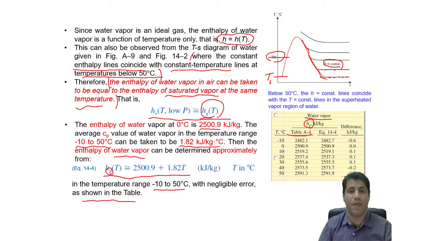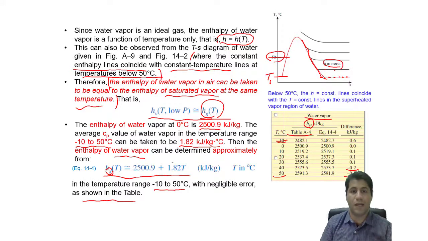The maximum error is for 50 degrees Celsius, our limit, which we usually don't reach. Negative 10 degrees Celsius and 50 degrees Celsius are two critical temperatures which we usually do not touch. So usually we have a maximum error in our calculation which is less than 0.2%.